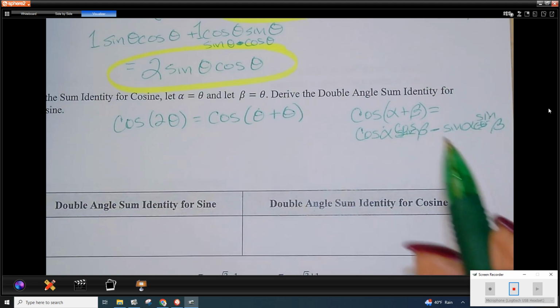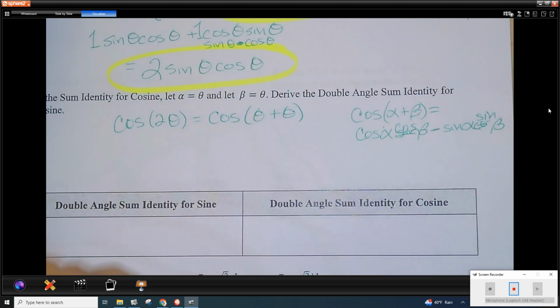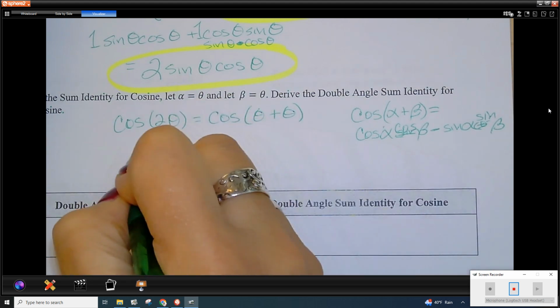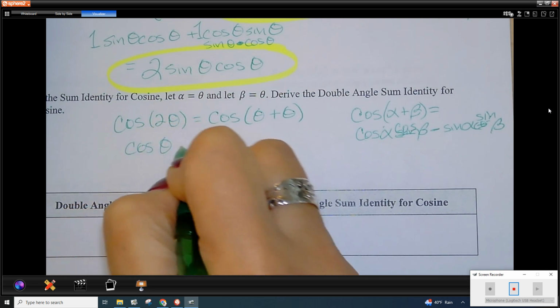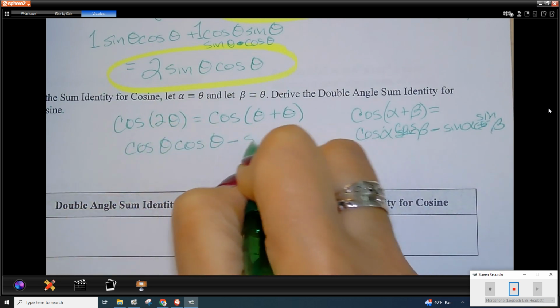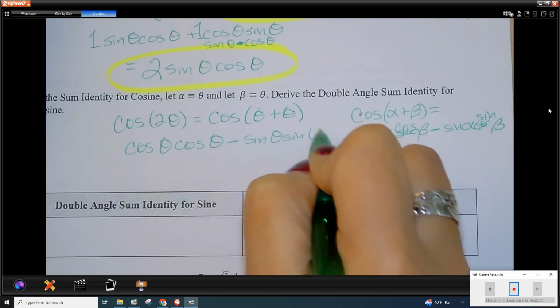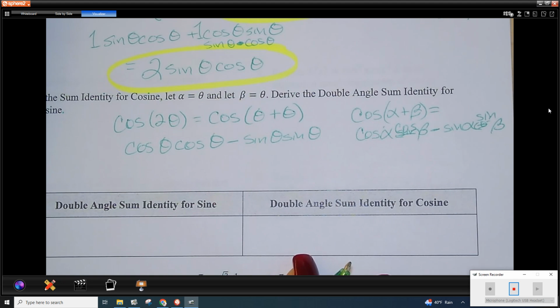Okay, so now we have theta, which is the same angle twice. So if we're going to break it up, we're going to do this one right here. Cosine of theta, cosine of theta, minus sine of theta, sine of theta, because both our angles are the same.